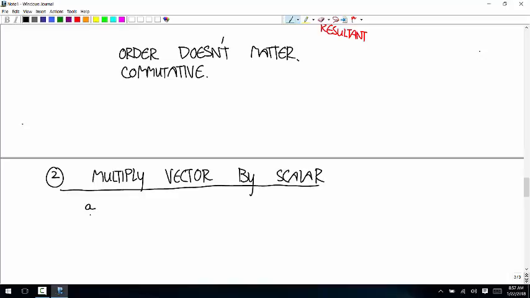And so I'm going to break this up. What if you're multiplying by a negative scalar? We'll just always think of that as multiplying by a positive scalar and then multiplying by a negative one.